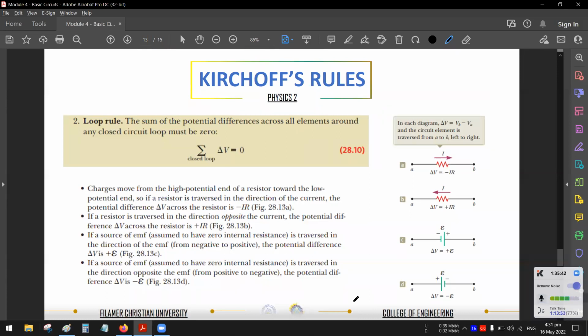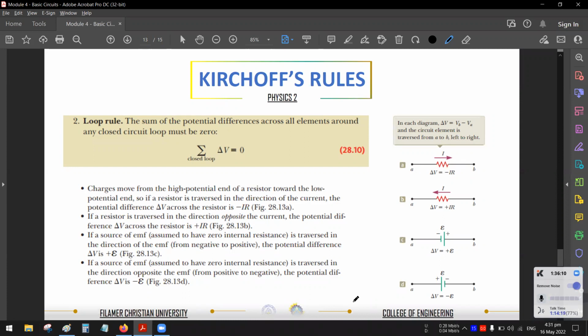You can use the junction rule as often as you need, as long as you include in it a current that has not been used in a preceding junction rule equation. In general, the number of times you can use the junction rule is one fewer than the number of junction points in the circuit. Depende kung saang junction point ka sa start mag-evaluate.